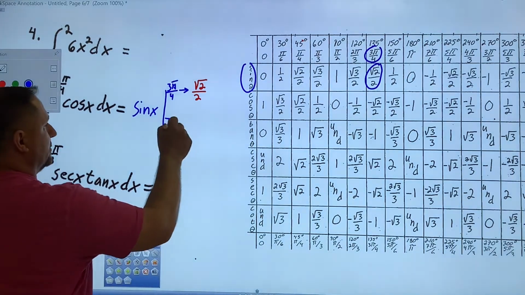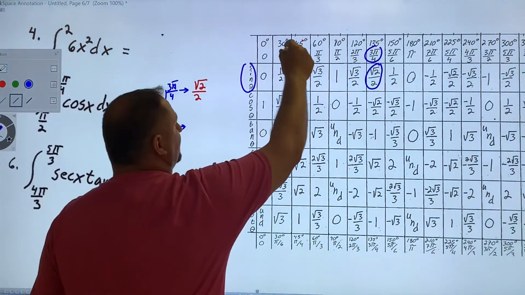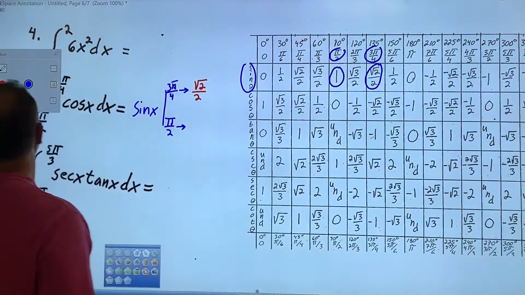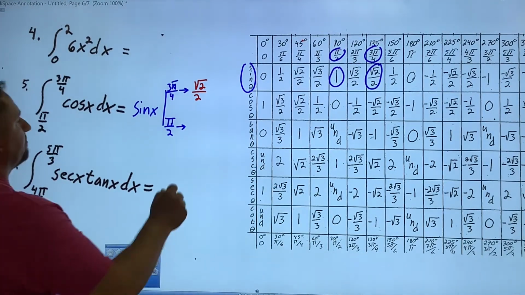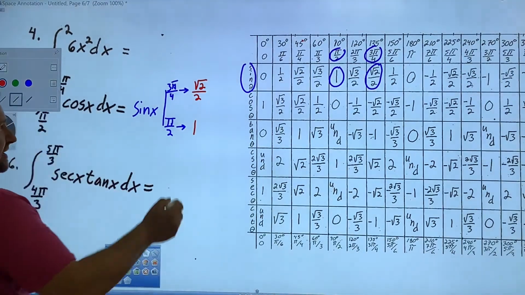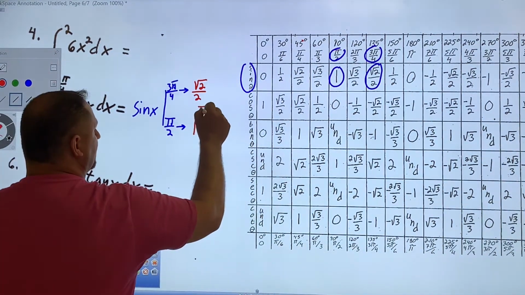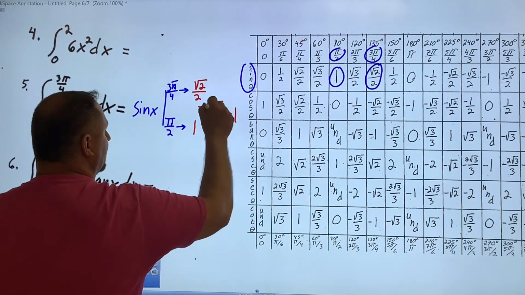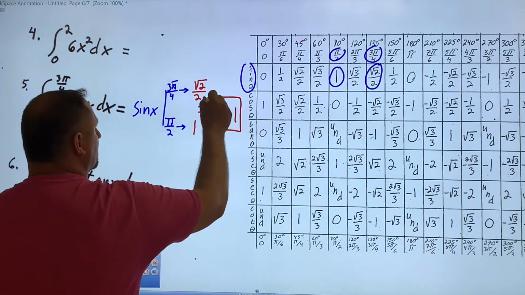So I'm going to go over to pi over 2. Sine of pi over 2 is 1. So I put a 1 here, and then here comes the calculus. The antiderivative is going to be root 2 over 2 minus 1. And that's my answer in exact form.